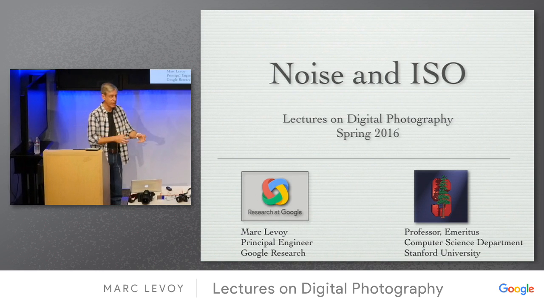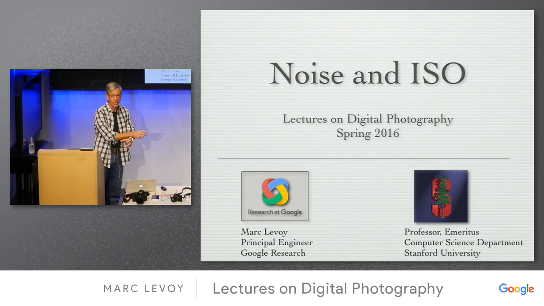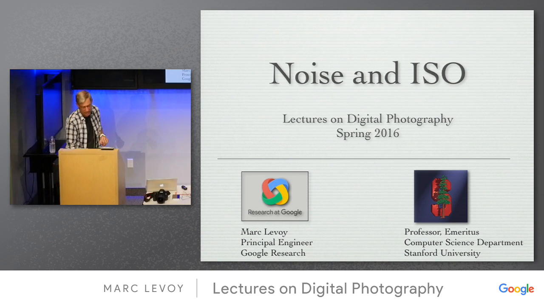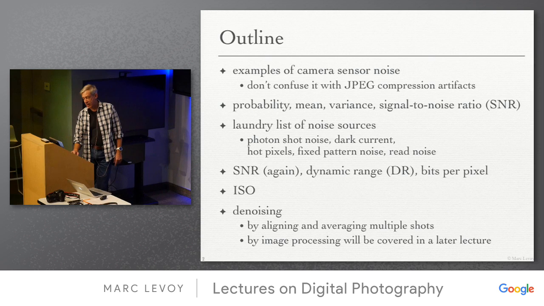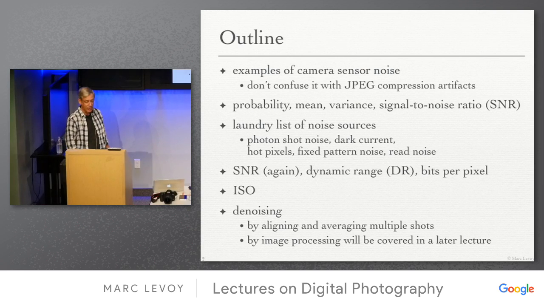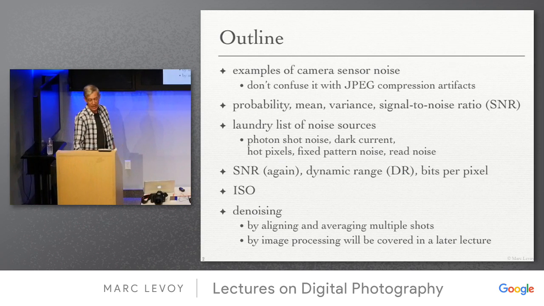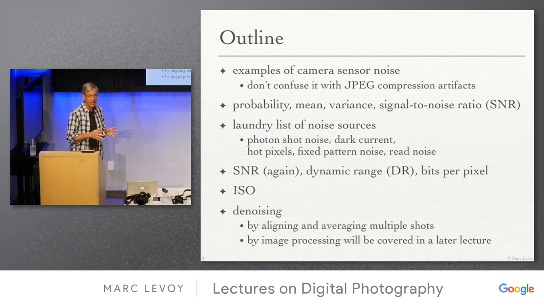The fact that I'm not going to be here on Monday, there's guest lecturers on Monday, has forced me to reorganize a little bit. So let's see if we can get going on the noise in ISO. All right, so we'll talk about examples of camera sensor noise, and we'll talk twice about the signal-to-noise ratio.